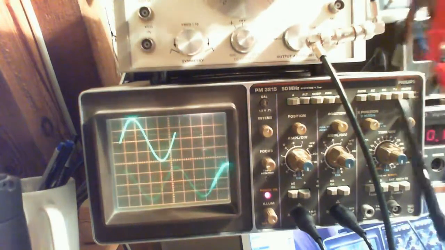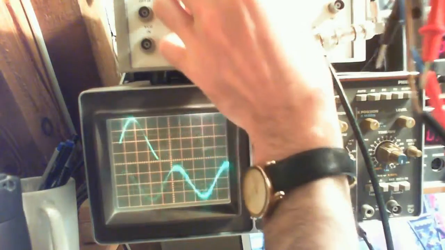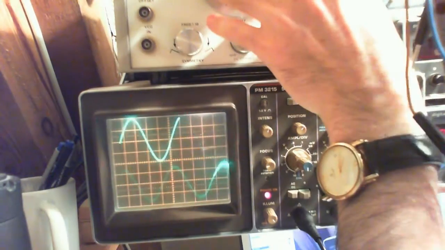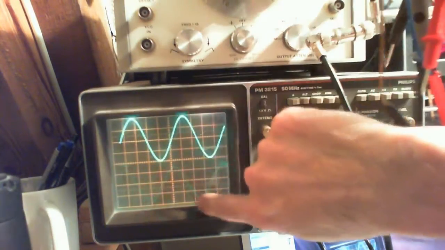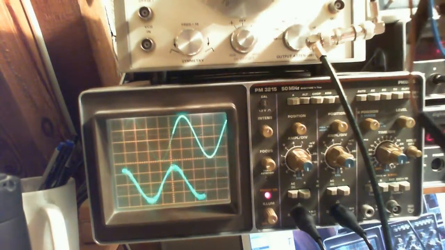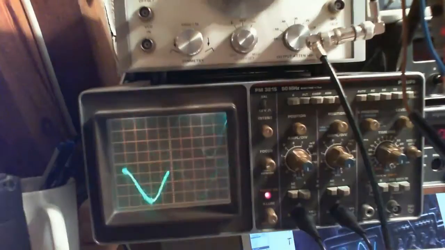Now if I increase the frequency, as you can see, as I increase the frequency, the voltage is going to be rising, as you can see over here. If I increase the frequency, the voltage is going to be rising.